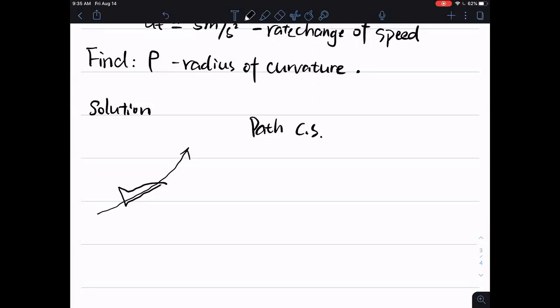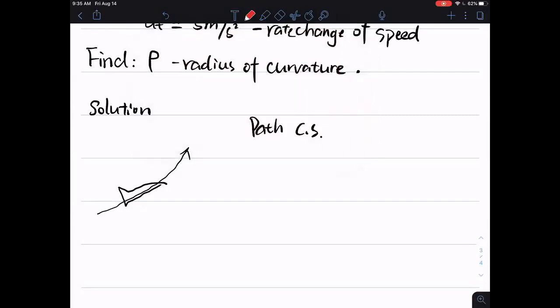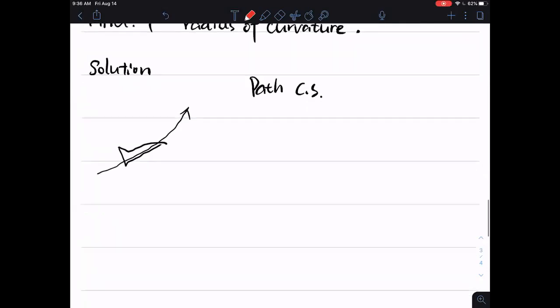All right, once you define that, I want you to redraw that figure, the jet and the path, and put unit vectors on your particle. How would you put the unit vectors of the path coordinate system, which are e_t and e_n? Now, let me draw this on the board and you tell me where I get it wrong.